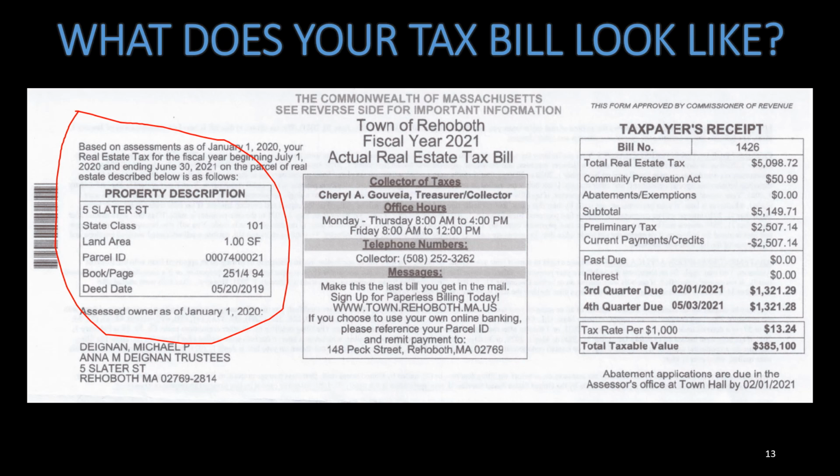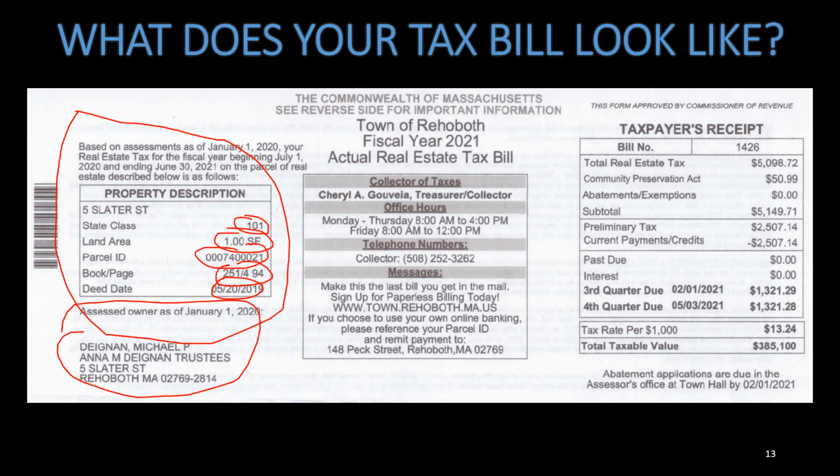Contains the property address, the classification of the land, what you have in terms of acreage, the parcel ID, and then the book and page number and the deed date on file with the Registry of Deeds in Taunton. And then below that is who the owners of the property were as of January 1st, 2020.